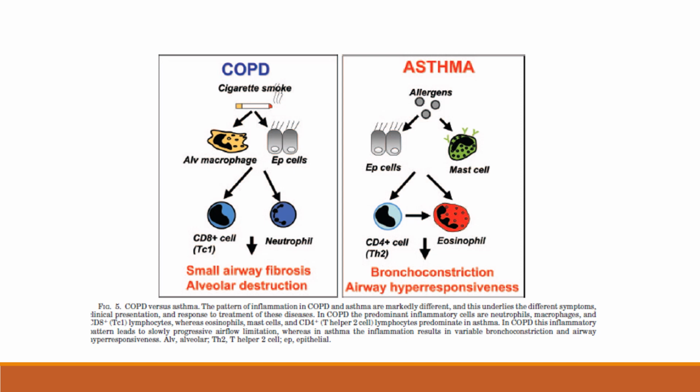Asthma, on the other hand, is primarily allergens, which could be cigarette smoke, but many other things come into play that affect more the mast cells and the epithelial cells. So again, we have some medicines in asthma where we can see mast cell stabilizers being used. Mainly eosinophils with that allergic response being stimulated.